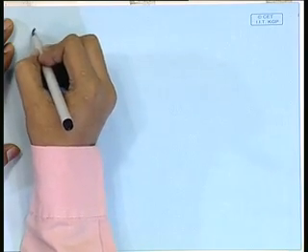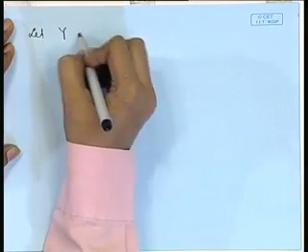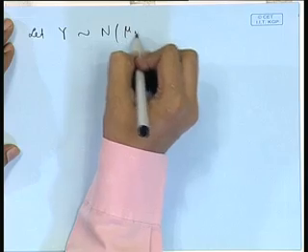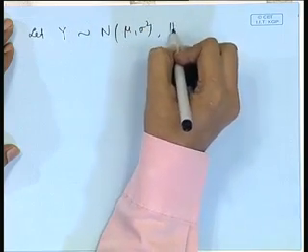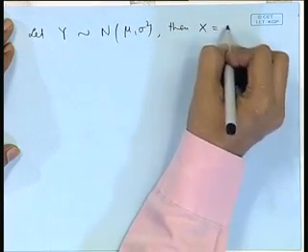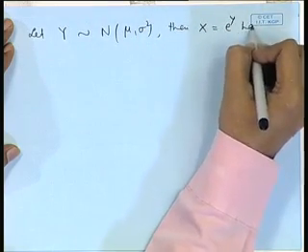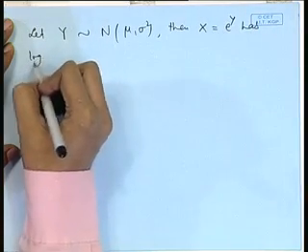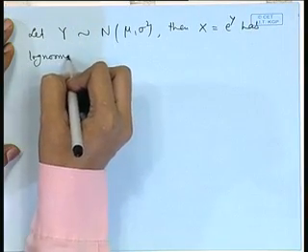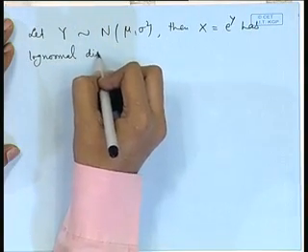A related distribution to the normal distribution is called the log normal distribution. If we say y follows normal mu, sigma square, then x is equal to e to the power y has a log normal distribution.